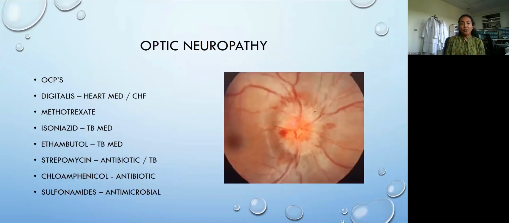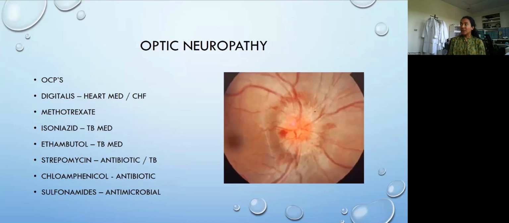And so these are other medications that cause optic neuropathy. OCPs are oral contraceptive pills, so these are birth control pills. Digitalis is another one, a heart medication used to treat congestive heart failure.